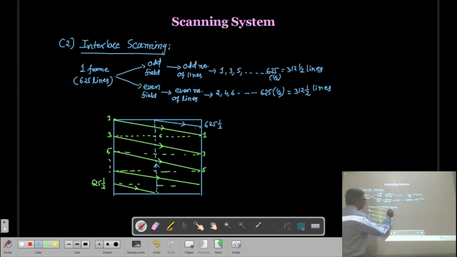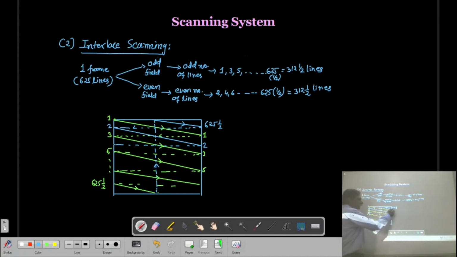So from this, the electron beam is coming back to the left hand side like this, and then here we scan line number 2. Line number 2 is over, then again it is coming back for line number 4.